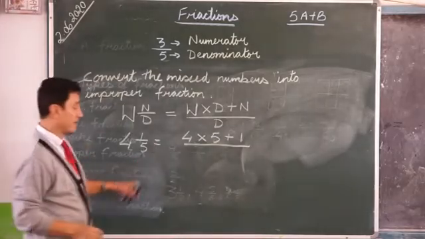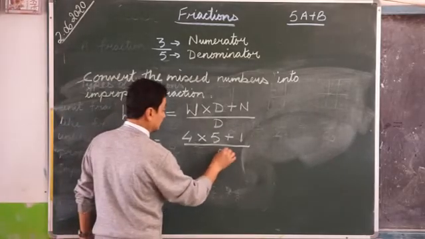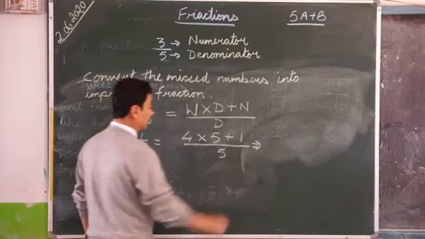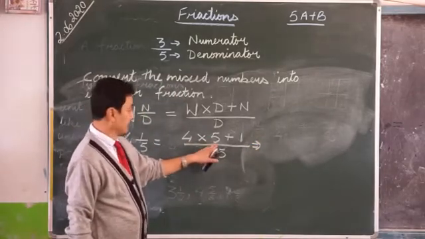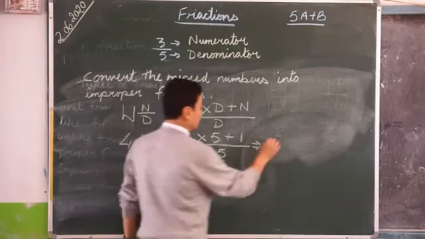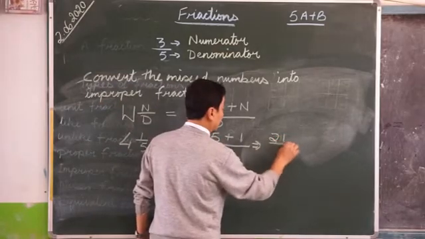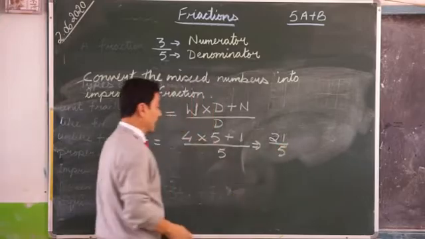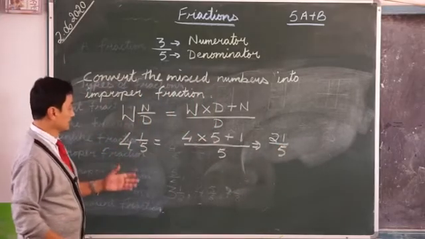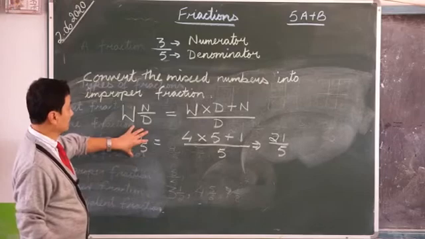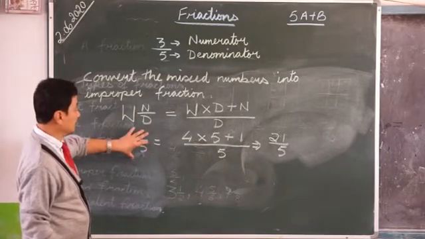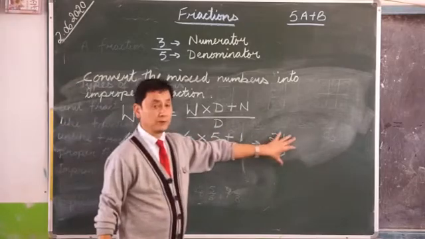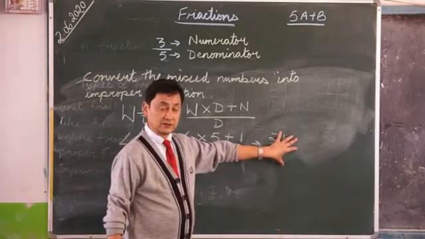How much is the denominator? 5. Now let's do this. Are we ready? So we have to multiply these two. 4 5s are 20. Plus 1, 21 upon 5. Now we have converted this mixed fraction into an improper fraction.